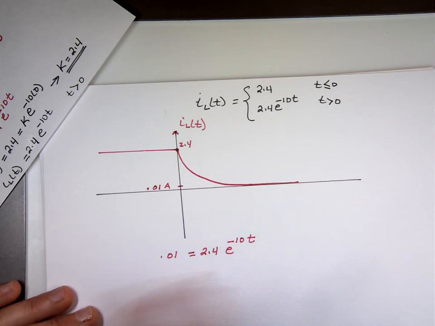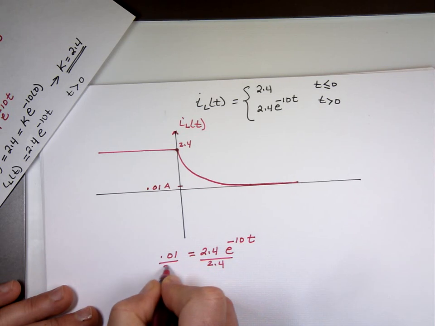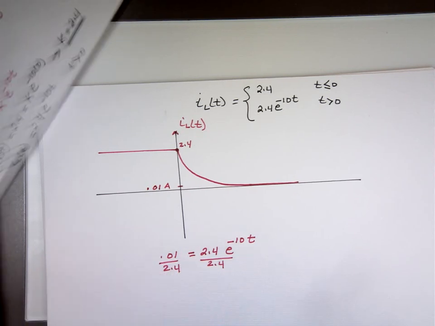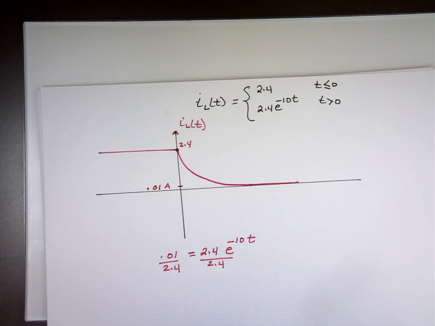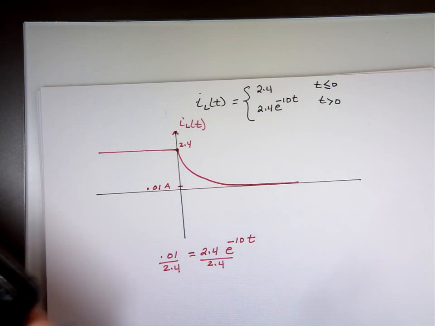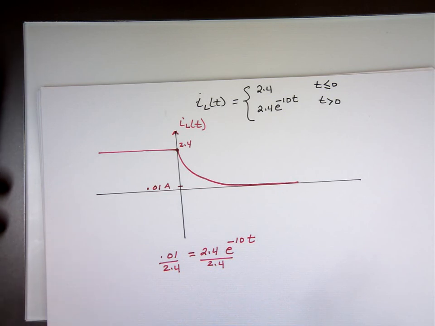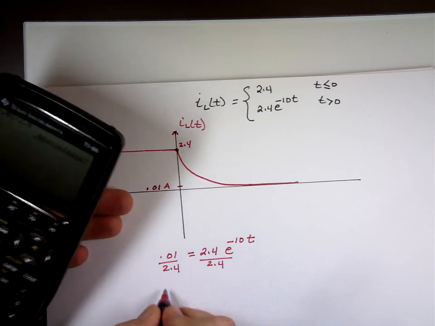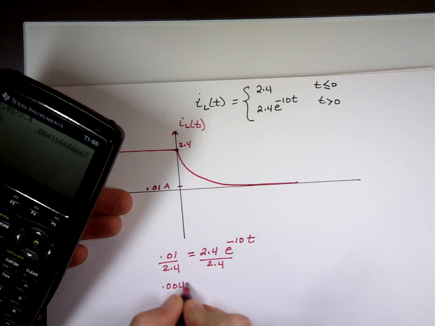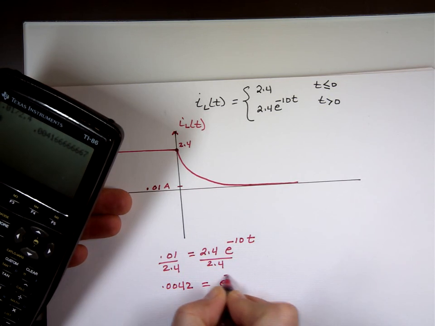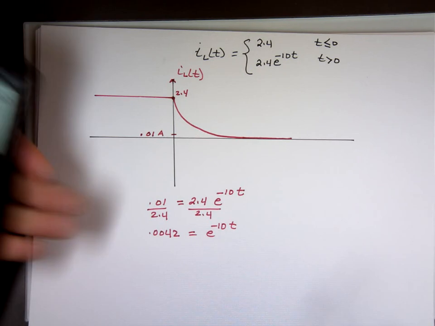Divide both sides by 2.4. 0.01 divided by 2.4 is 0.0042, equals e to the negative 10t. How do we solve it for t? Take the natural log of both sides.